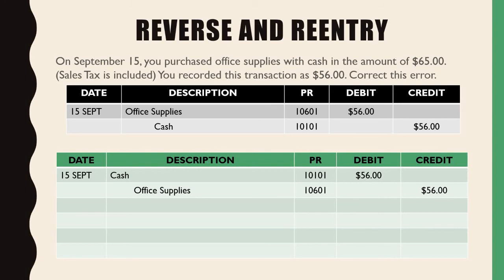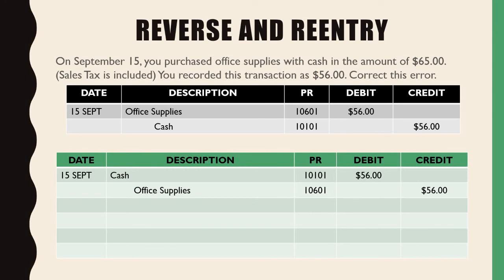I'm returning the office supplies, so I no longer have my office supplies because I'm crediting it, right? I'm getting rid of it. It's gone. I'm not acquiring it. And in return, I should be getting cash back. So I should be increasing my cash because I'm returning it for the amount that I made the mistake for, right?